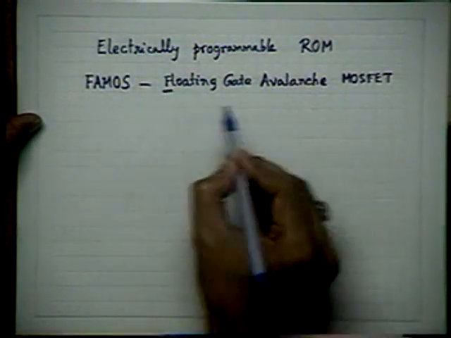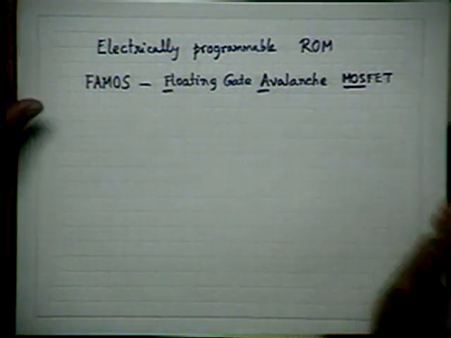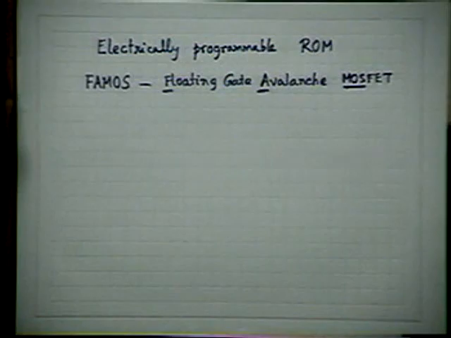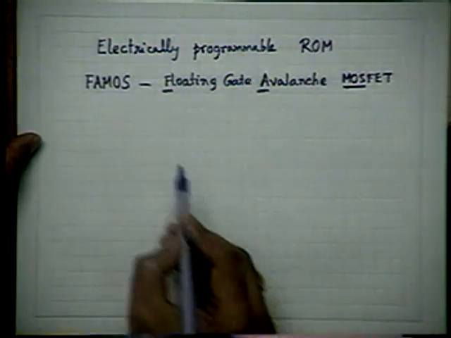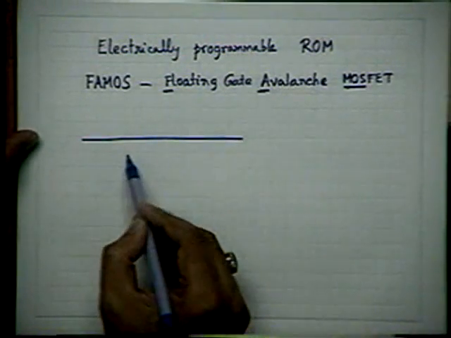So floating gate avalanche MOS, FAMOS, was being used. What is it? I'm just quickly showing you. Basically, the device is like this.